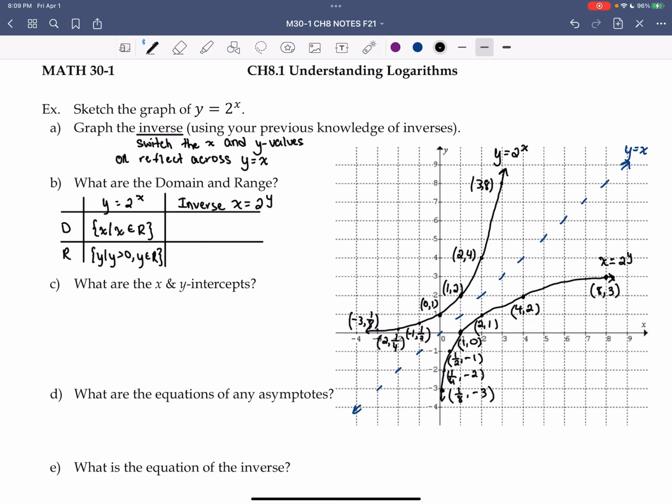Now let's look at the inverse function. We see that all the x values are greater than 0. So x such that x is greater than 0, x real. And for the range, we see that we continue down forever and also up forever. So the range is all real numbers.